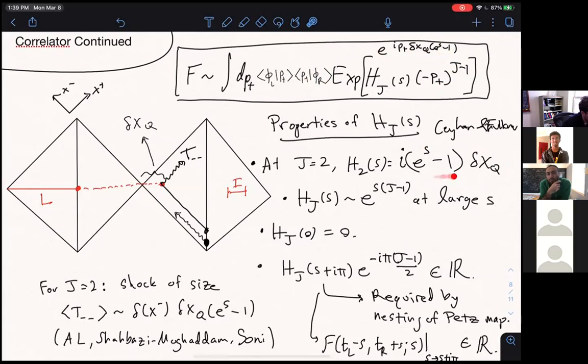So this is good. We needed to see this because a correlation function like this was computed, we computed it with Arvind Shahbazi-Moghaddam and Ronak Soni in a paper that came out this summer. And the reason this shift is happening is because when you throw in this particle phi right, the modular flow that is included in this correlation function produces some shock.